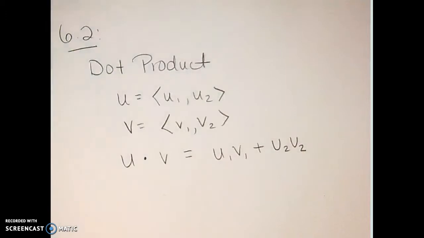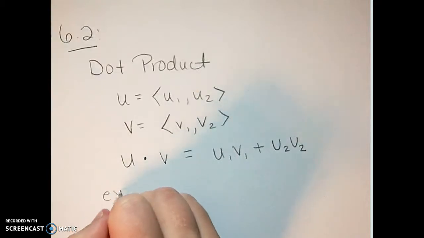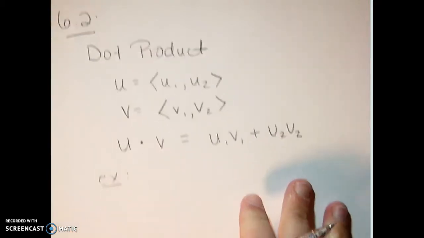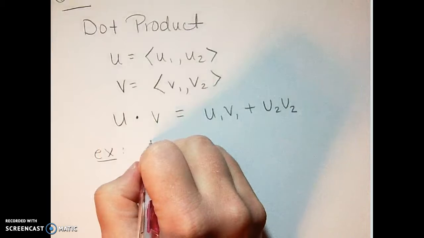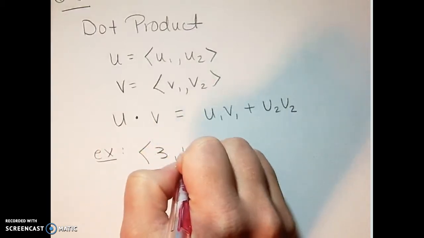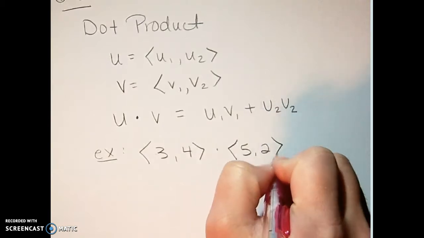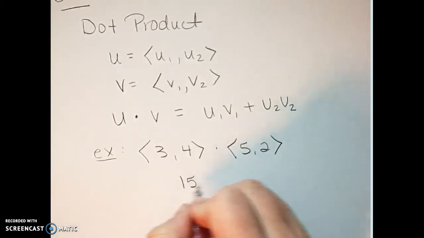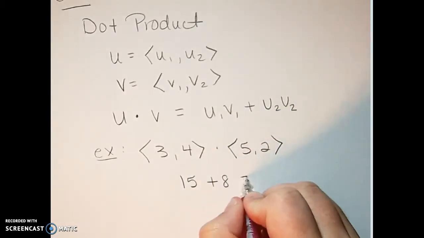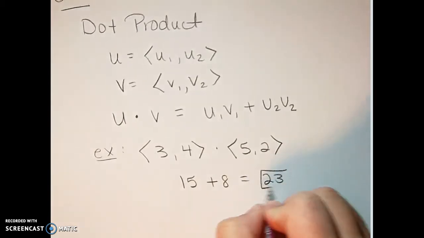So you multiply the components and then you add their products. A quick example would be 3, 4 times 5, 2. That would be 15 plus 8, or 23.